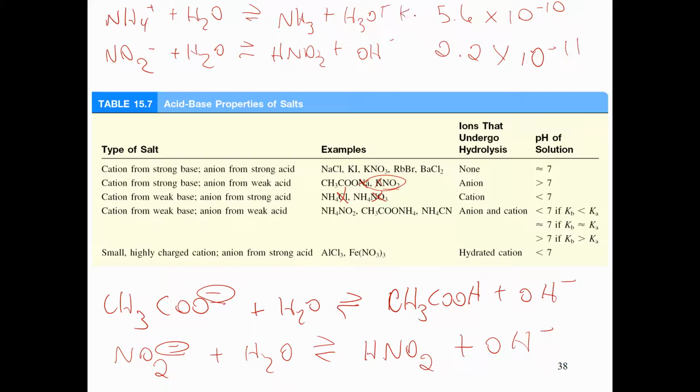This is the Kb. So it would end up being more acidic, right? If the Kb is less than the Ka, then you have a pH lower than 7. It's acidic. If your Kb is greater than your Ka, then you have a pH greater than 7, and it would be basic. So that's how these Kas help you identify what your solution is going to be doing, whether it's going basic or acidic.